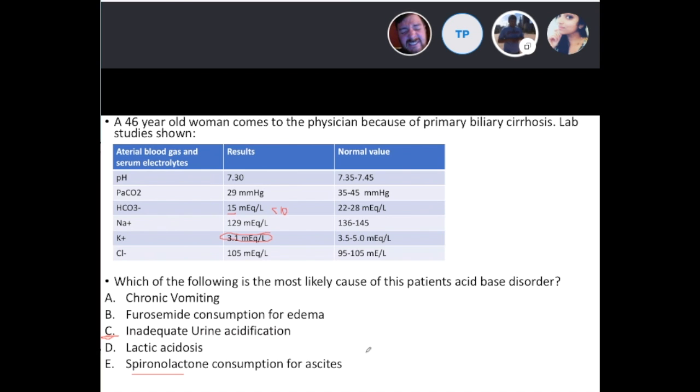I learned with type 1 that bicarb, sodium, and potassium are all low, because nothing is getting reabsorbed in the PCT. So which renal tubular acidosis is hyperkalemic? Type 4. Type 4 is hyperkalemia.